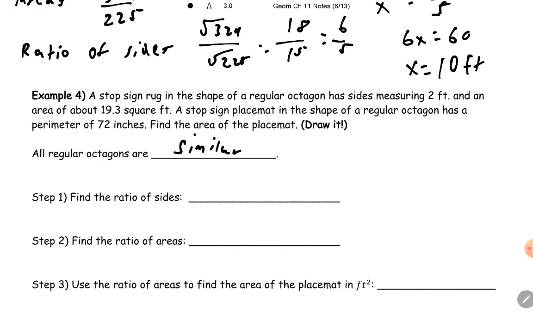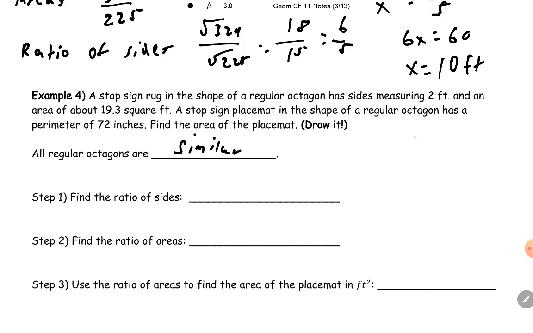Okay, they say we have a rug that has sides measuring 2 feet. Okay, and then we have a stop sign with a perimeter of 72 inches.